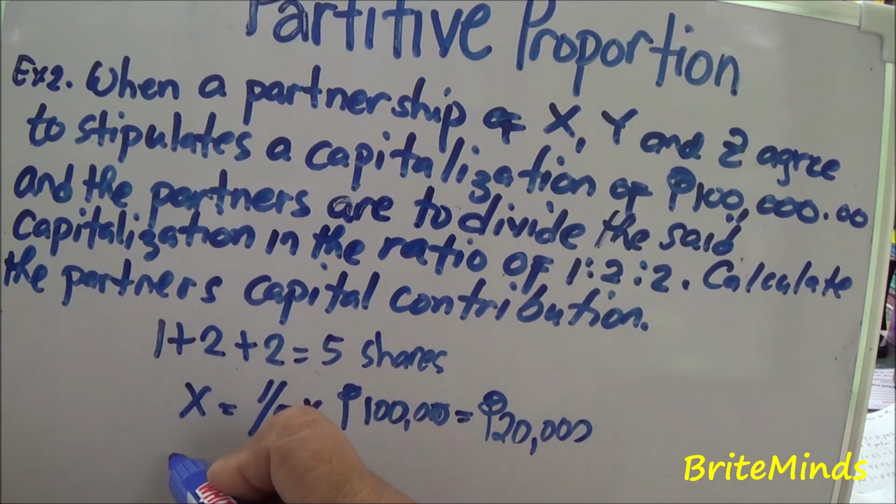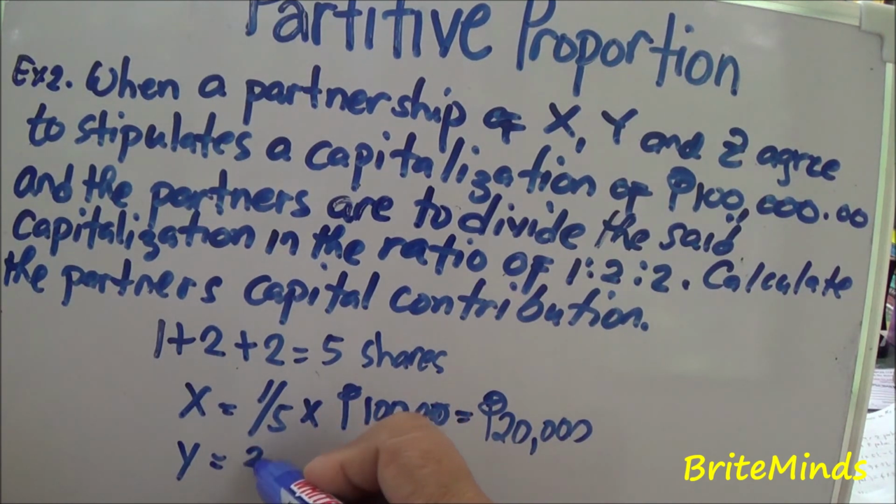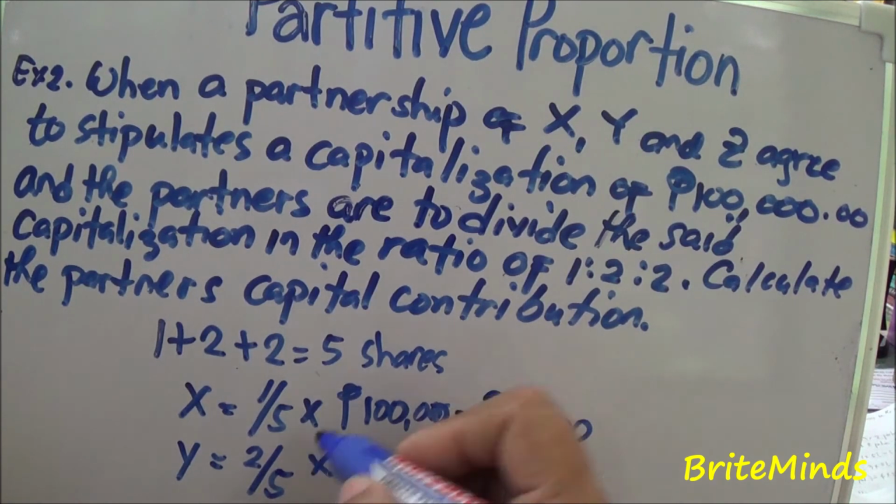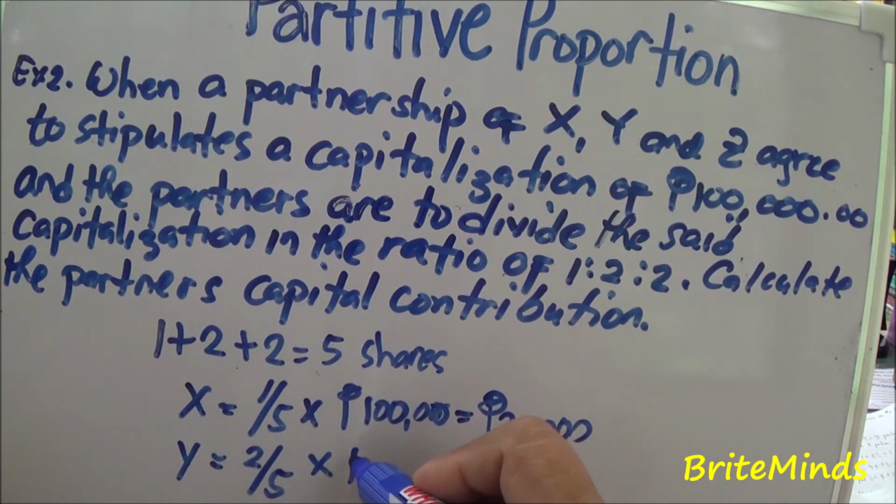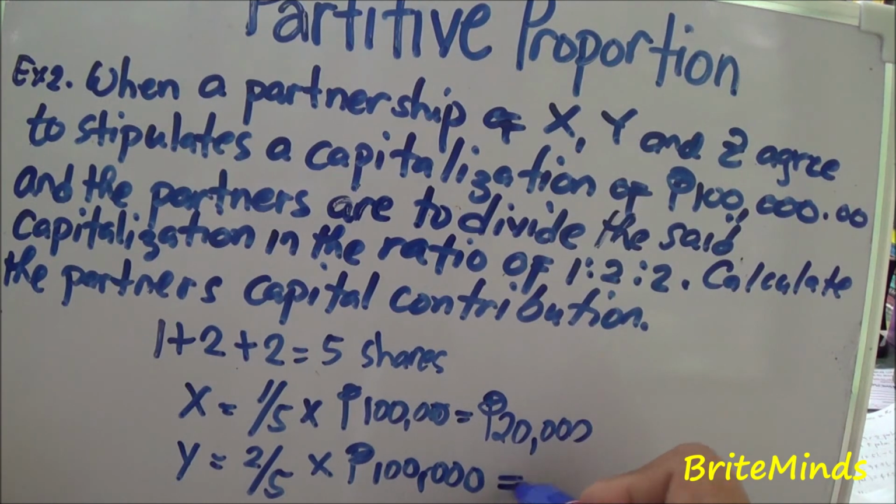Partner Y is 2/5 multiplied by the capital of 100,000, which is 40,000 pesos.